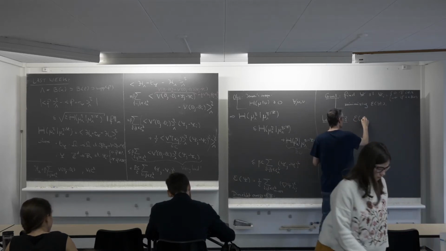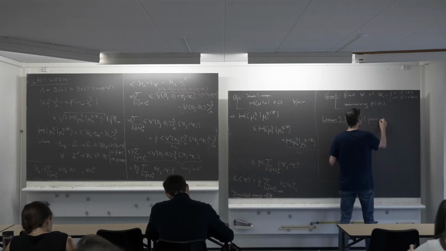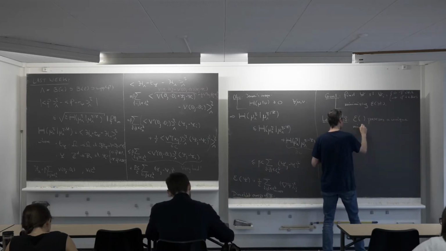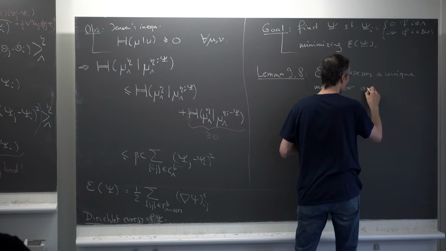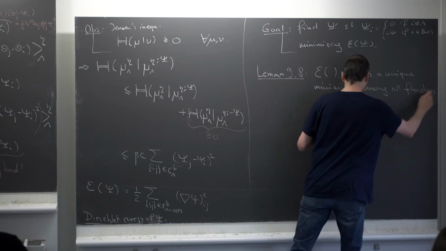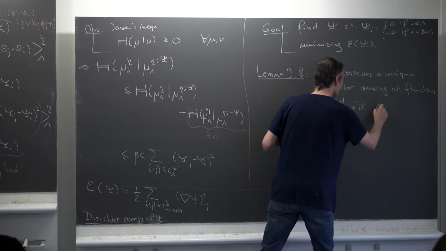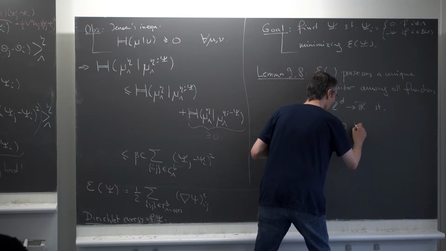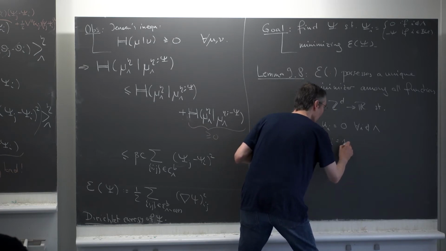So this Dirichlet energy functional possesses a unique minimizer among all functions u from ZD to R such that ui is equal to 0 for all I not in lambda, and I will normalize it to 1.